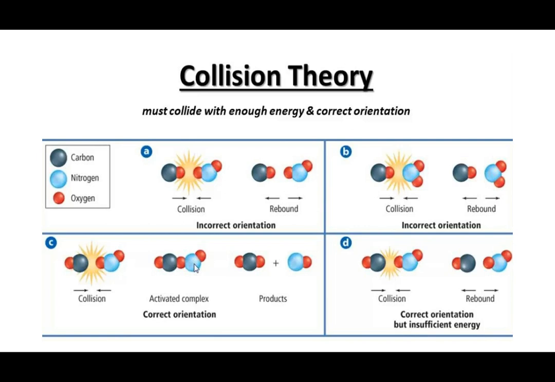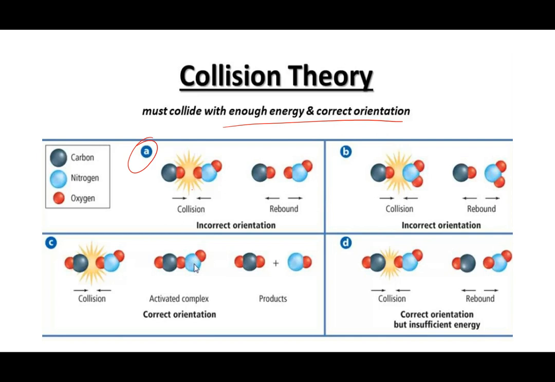Okay, let's continue with collision theory. It says that it must collide with enough energy and the correct orientation. Those are the two things that we just talked about. Let's look at these four possibilities. We have a reaction with carbon, nitrogen, and oxygen here. And you can see that there are some situations in which these elements can come together. In this first one, in A, we have the incorrect orientation.